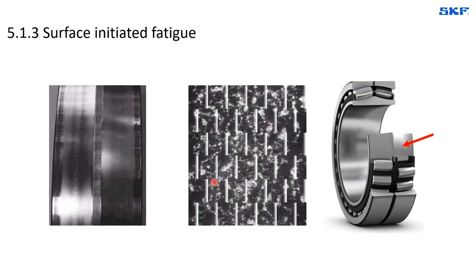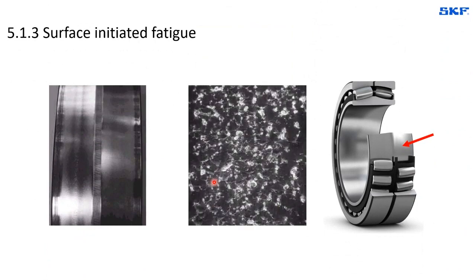In this case, what we see is the representation of surface-initiated fatigue. And this one on the inner ring of a spherical roller bearing may be a bit hard to distinguish with the naked eye, because these surfaces look gray and dull. But when you look with some amplification, you start to see small cracks and micro-spalling.